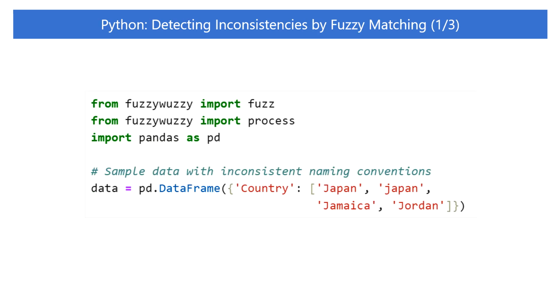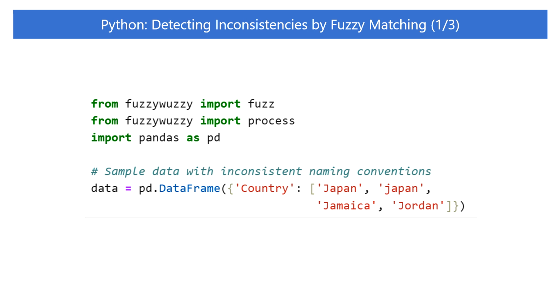Let's go on to another example of Python implementation. This is an example of detecting potential inconsistencies using fuzzy matching. Specifically, this Python code uses the FuzzyWuzzy library and pandas to identify potential inconsistencies in naming conventions within a dataset.